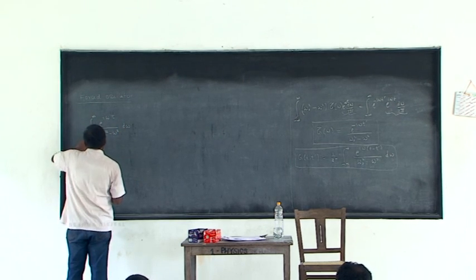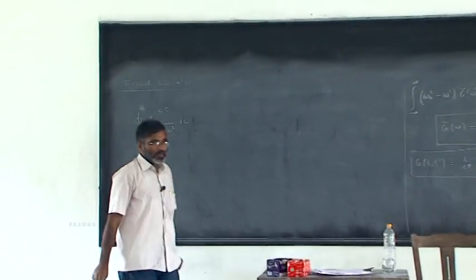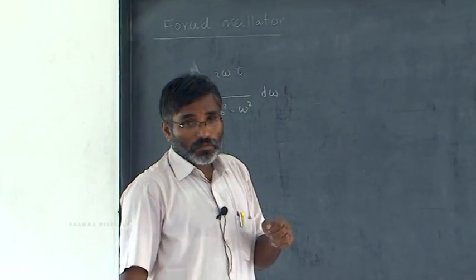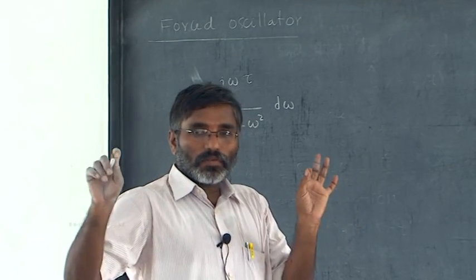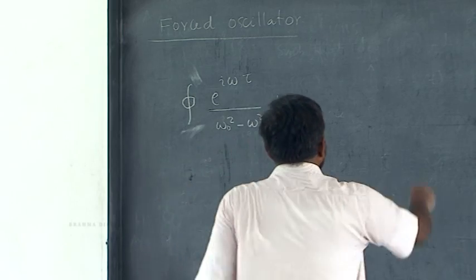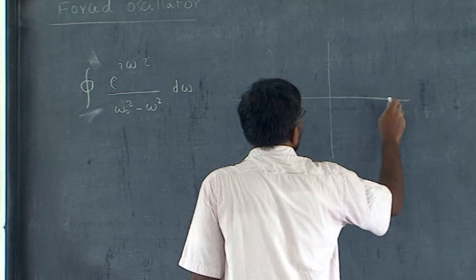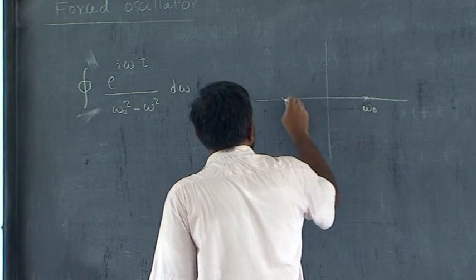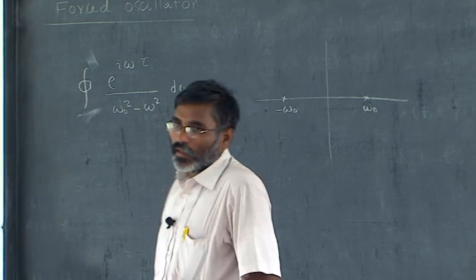If I take a contour integral in the complex plane, omega naught is real, because it is the natural frequency of the system. So at plus omega naught and minus omega naught, we have poles. So we have poles on the real axis.